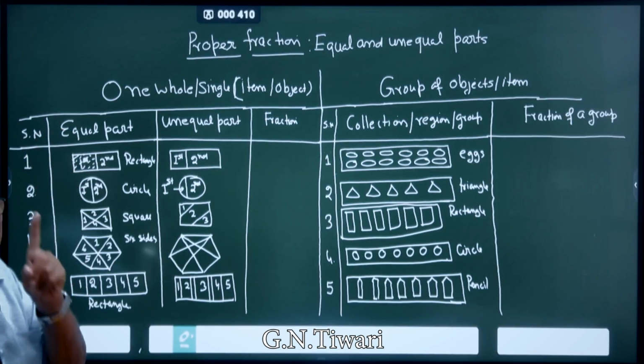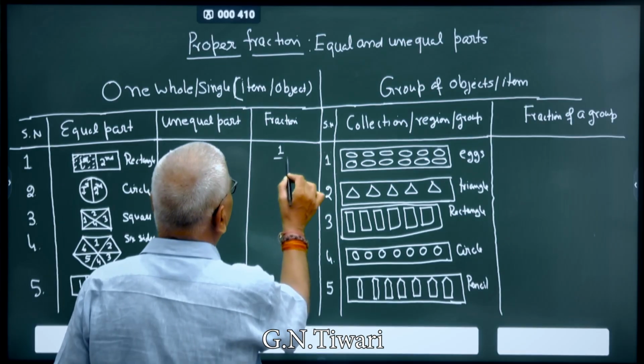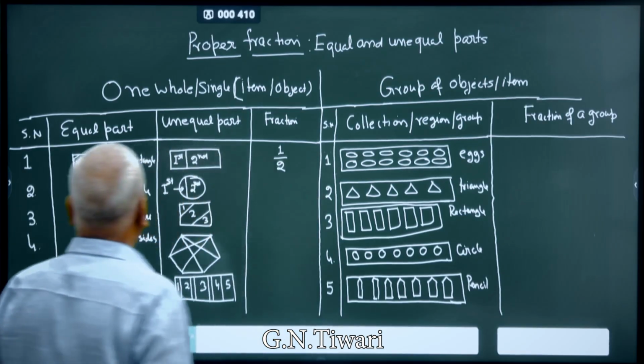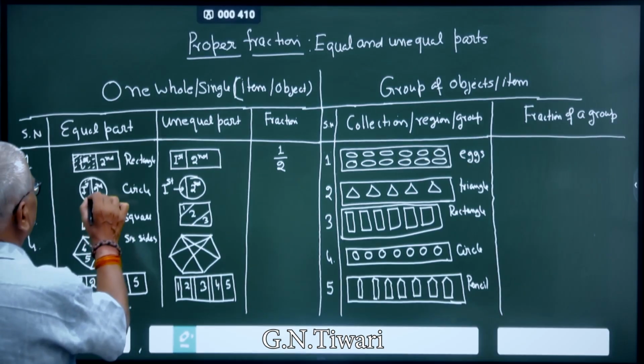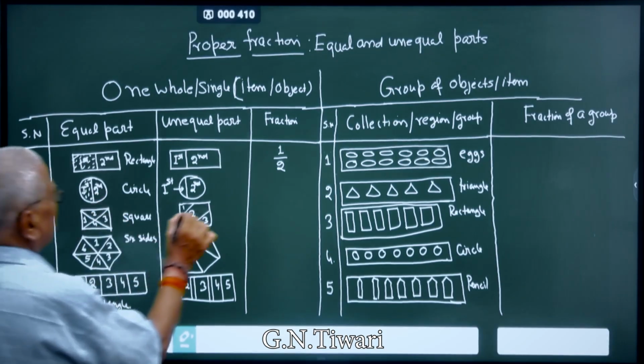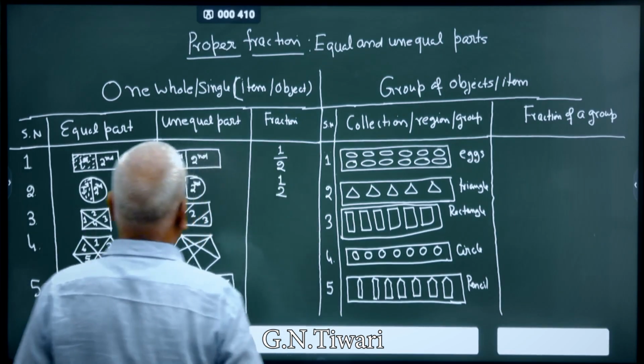The shaded part is 1, so in the numerator it will be 1 and in the denominator it will be 2. Here again there are 2 parts and the first part is shaded. Here again it is 1 by 2.